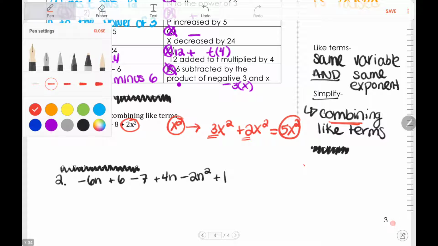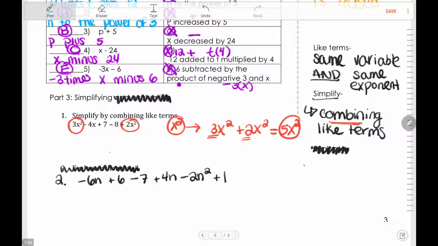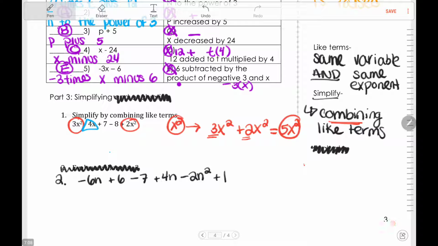Okay, so next term that I see is negative. Make sure you can see that negative. Negative 4x. So that's going to be my x group. Is there any other x's? Nope. So that's going to be it. There's nothing to combine with.